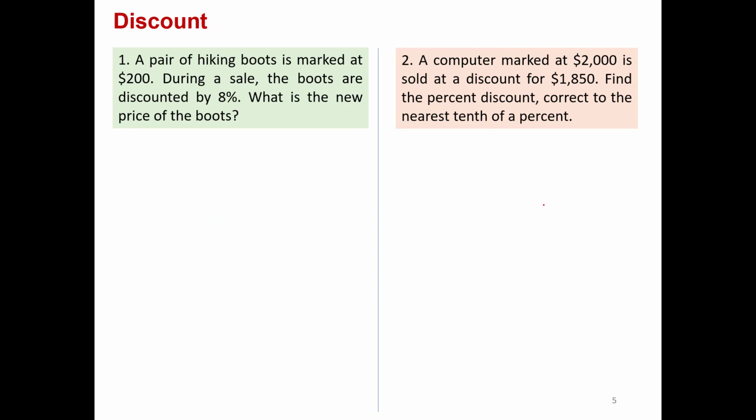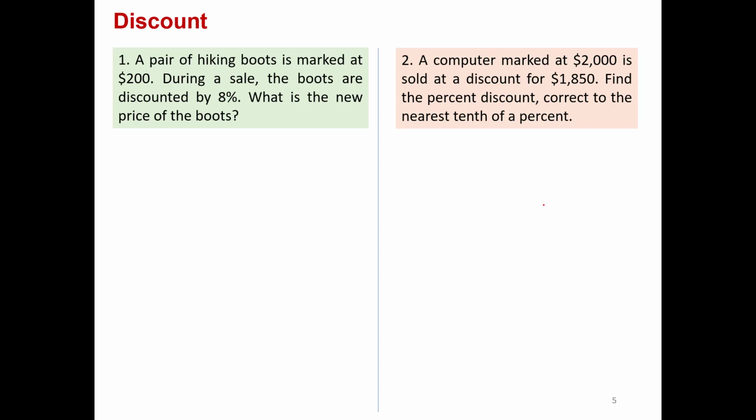And let's now use two problems. We want to solve two problems related to the discount. And it's similar to increase or decrease problems. It's a similar concept. And let's try to solve the first one. A pair of hiking boots is marked as 200.